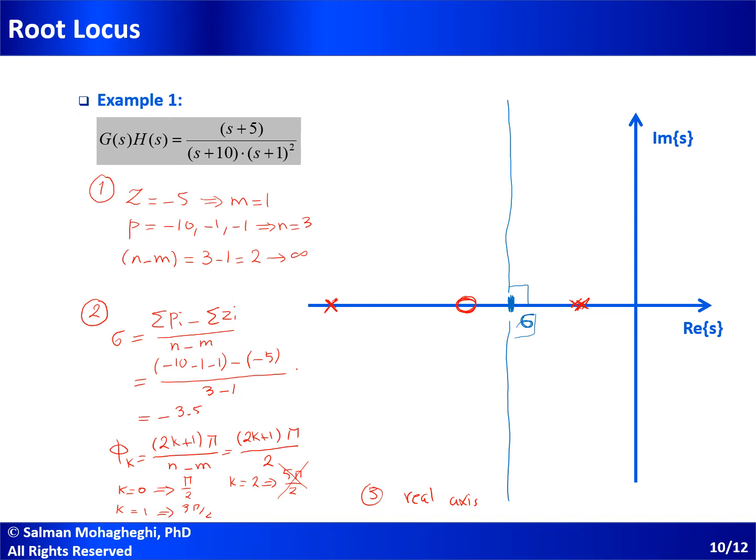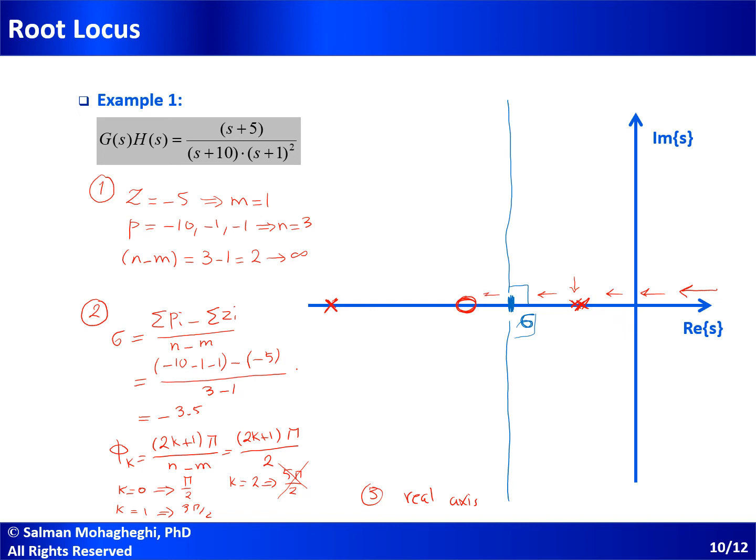So let's do it here. I will start moving from here, and as I move along the axis in this direction, I see that I have no zeros or poles to my right, so that will not be a part of the root locus. Then I get to this point. At this point, once I pass it to my left, now I have two poles to my right. However, 2 is an even number, so this section is still not a part of the root locus.